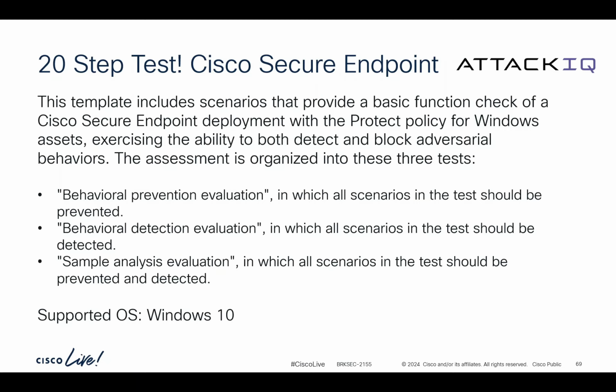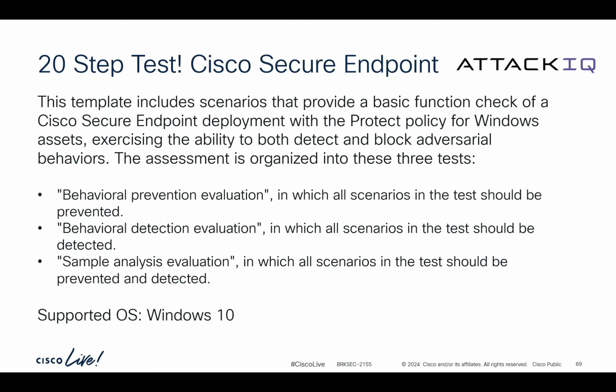So the template includes scenarios that provide a basic function check of Cisco Secure Endpoint deployment with the protect policy for Windows assets. This exercises the ability to both detect and block adversarial behaviors. The assessment is organized into three tests: behavioral prevention evaluation, in which all scenarios in the test should be prevented.